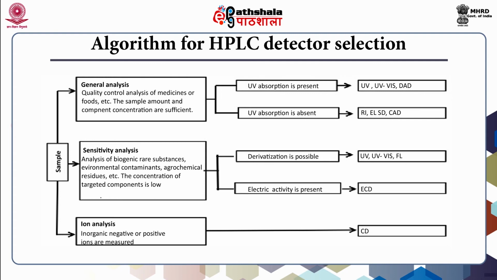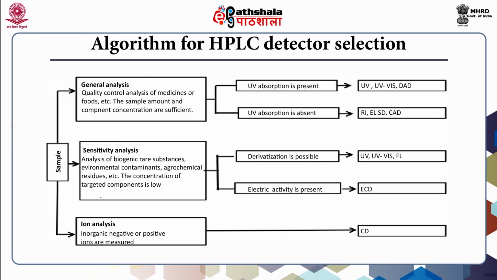One is either UV or UV visible or fluorescent detectors if there is a possibility of derivatization for those compounds. If those compounds have the property of electrical activity, then we can choose ECD detectors. Suppose we need to analyze the inorganic ions in our samples, then we have to use the CD detectors.